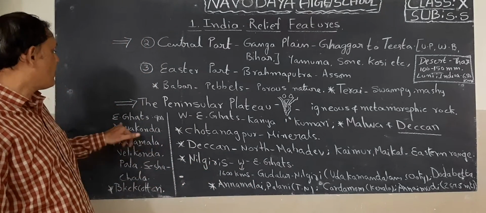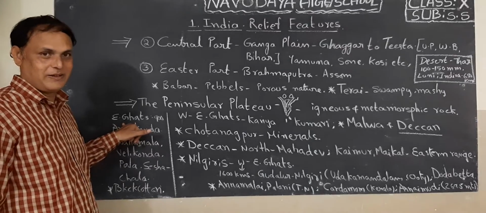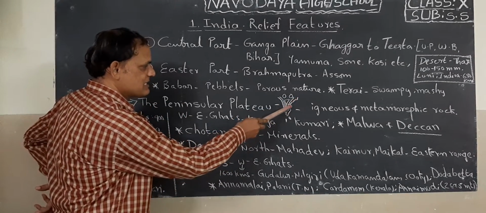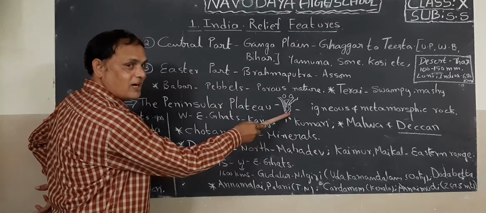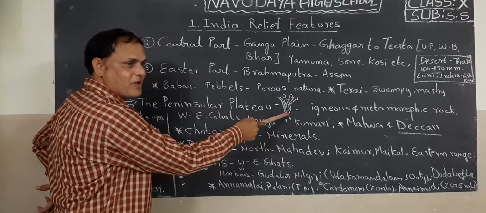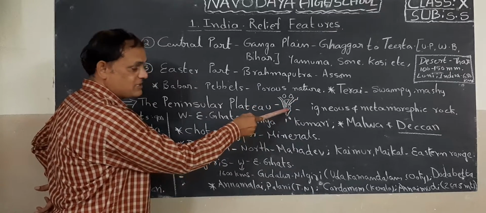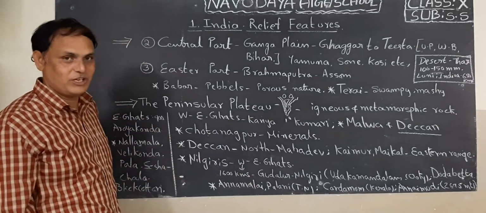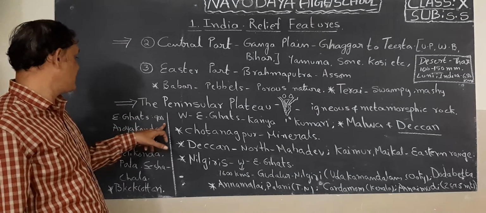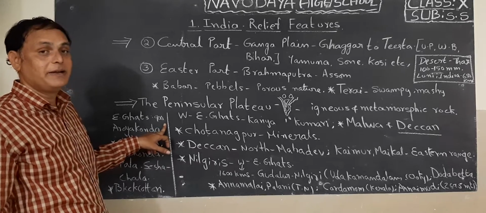Next one, what about the Eastern Ghats? Eastern Ghats are not continuous ones, children. Eastern Ghats are not continuous ones, but they also spread from here to here. I said the Eastern and Western Ghats merge at the Nilgiri Hills or mountains. Okay, children. So these Eastern Ghats go up to 900.